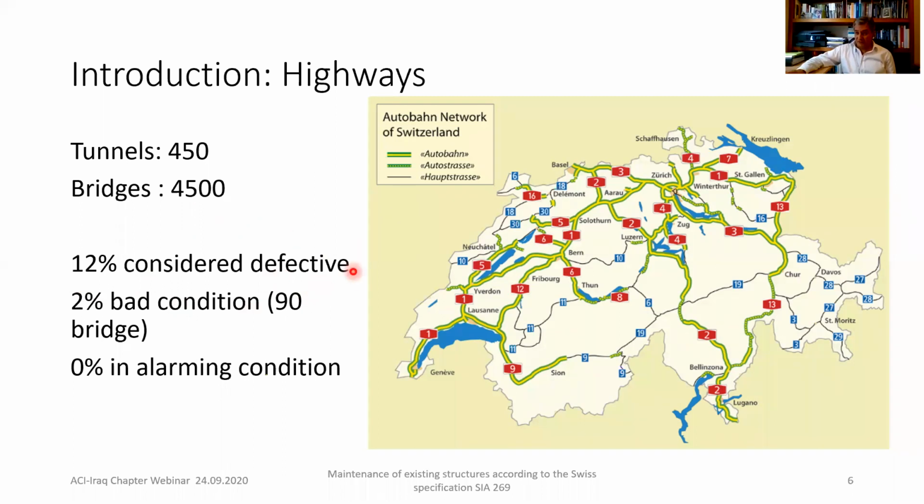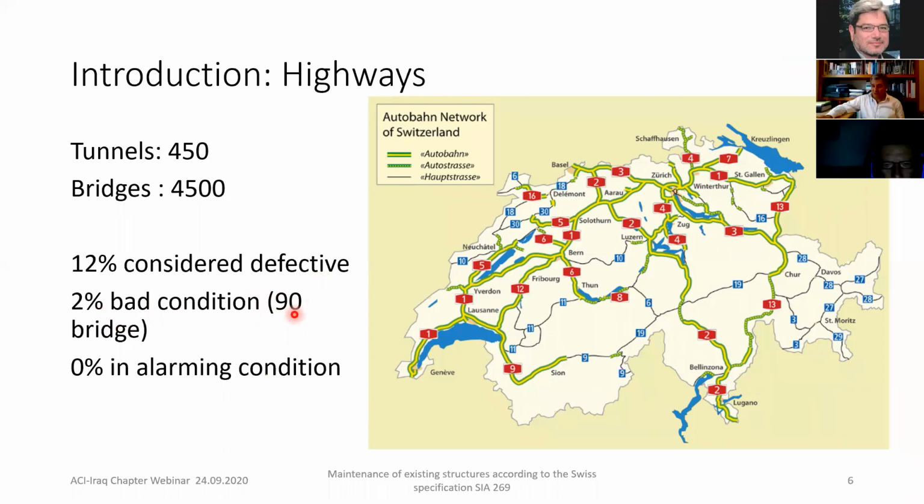This news came out last year, when they announced it. 2% of them, that means 90 bridges, were considered in bad condition, and they really started to remove them or rehabilitate them. But fortunately, we have 0 alarming problems with the highways.